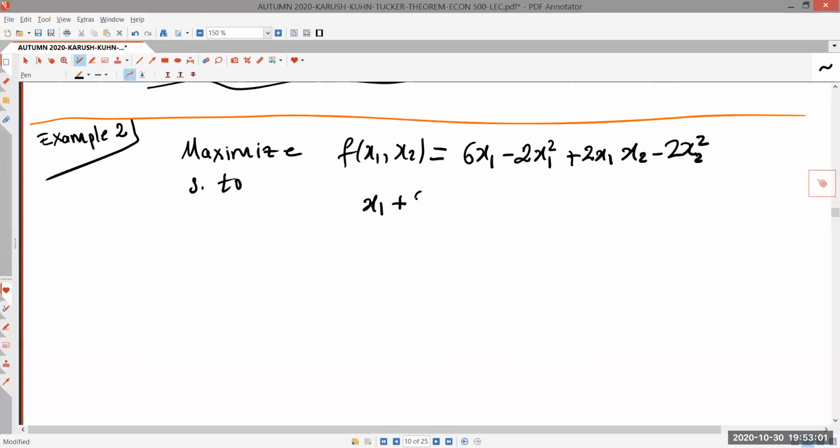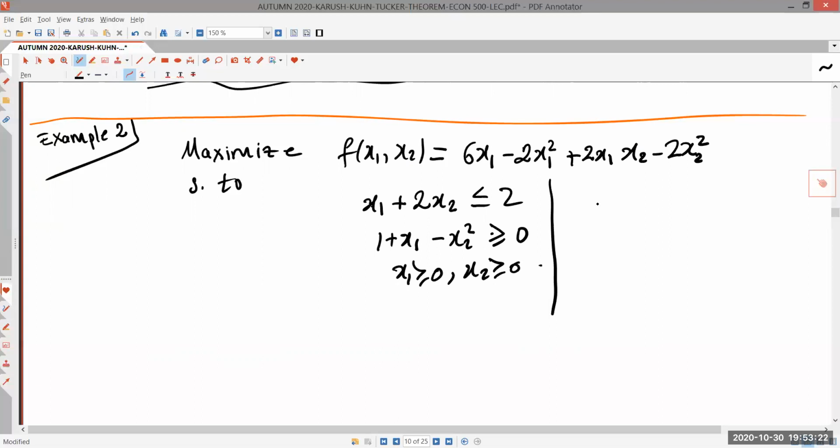Subject to x1 plus 2x2 less or equal to 2, and the non-negativity constraints. So the constraint functions here are actually, the first one is 2 minus x1 minus 2x2, and this is greater than or equal to 0.